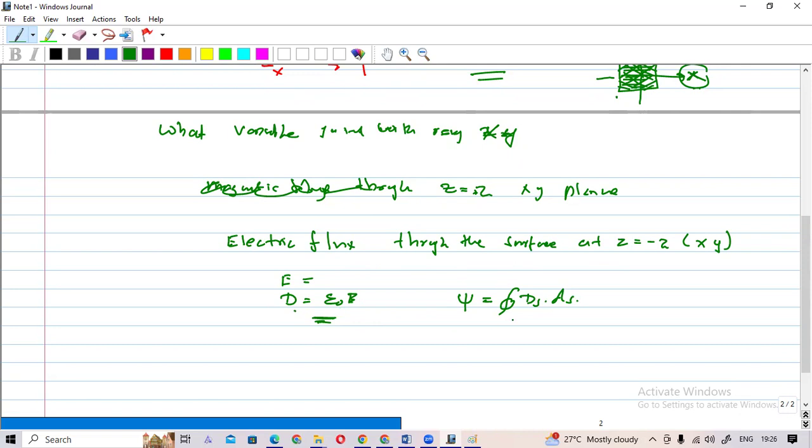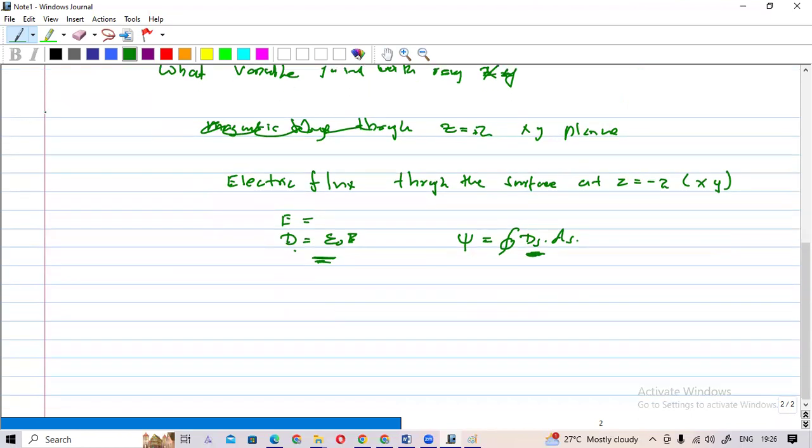Instead of D you can apply epsilon E, so phi is equal to the surface integral of epsilon naught E dS.